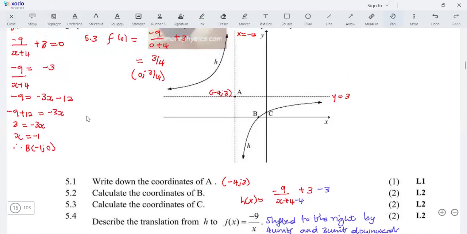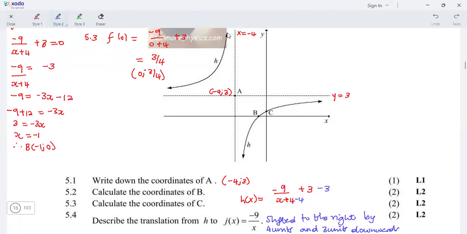If I sketch the graph of j, this is just a rough sketch, it will go like this, and it will also go like this. So now we have two asymptotes, one which goes like this and one which goes like this.